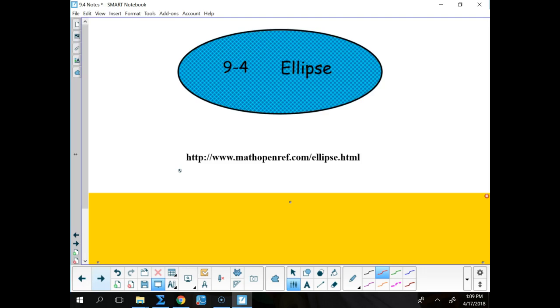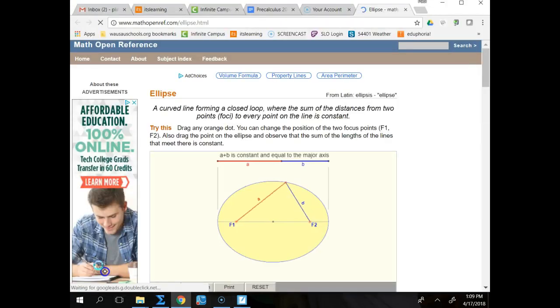I've got two different ways of showing you what an ellipse is. The first way is here, on this. And that's great and all, but in the room, I also have this ellipse over here.